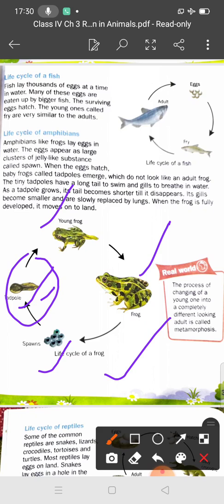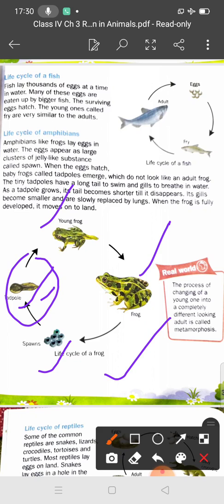What is the function of this tail in a tadpole? This long tail helps the tadpole to swim in the water, because the frogs lay eggs in the water, and when the egg hatches, the baby frog comes out and swims in the water.